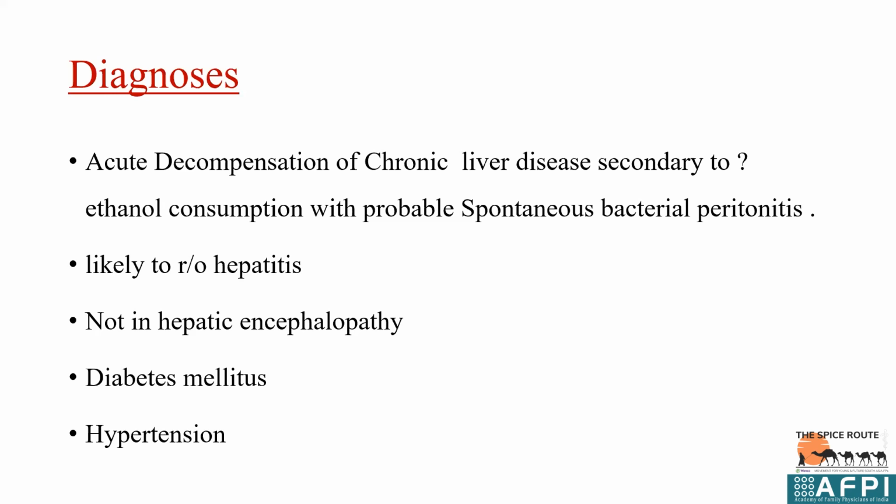What else do you expect? In ultrasound, there are 3-4 features which suggest the patient has cirrhosis. One is nodular outline of the liver, not size. Second, splenomegaly. Third, portal vein size. Fourth, portal collaterals. If there are collaterals, it indicates portal hypertension.